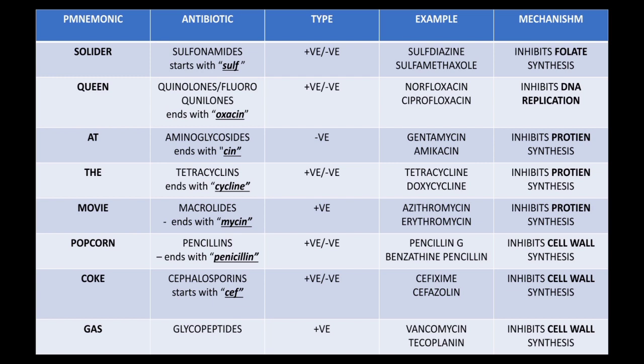So you can blindly remember: aminoglycosides gram negative, macrolides and glycopeptides gram positive. The other five classes, if you remove these three classes, are broad spectrum antibiotics.